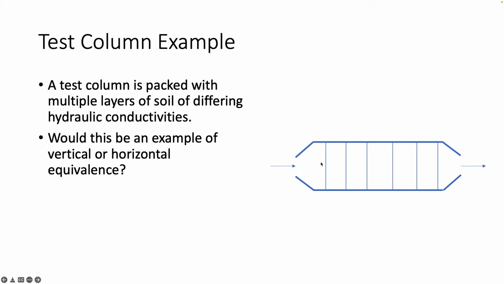So the flow has to flow through each layer in series, one at a time, before it can flow through. But if we were to look at this as a horizontal flow, then it would have an option. If one layer has high hydraulic conductivity, then flow can have preferential flow through that type of media, right?